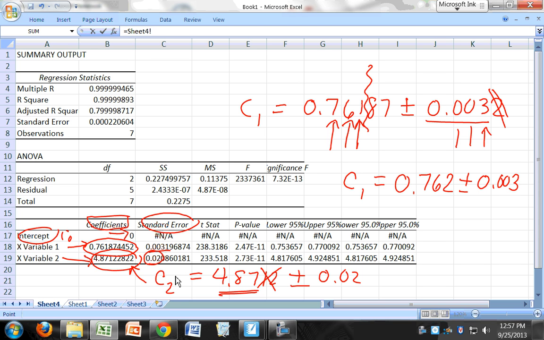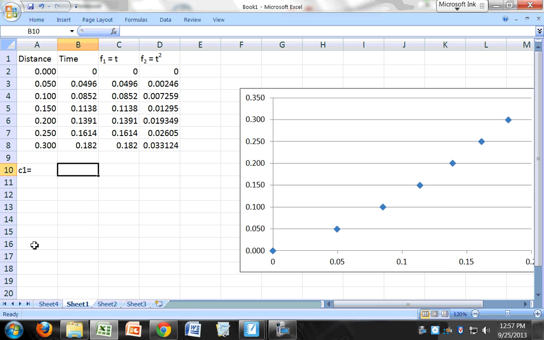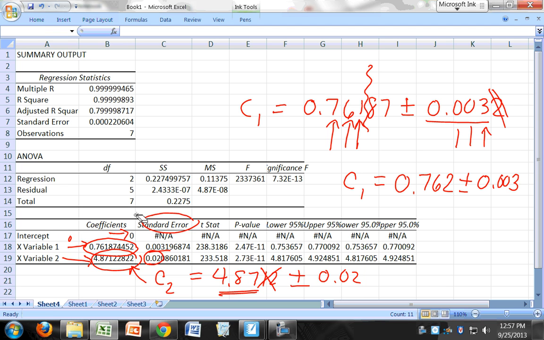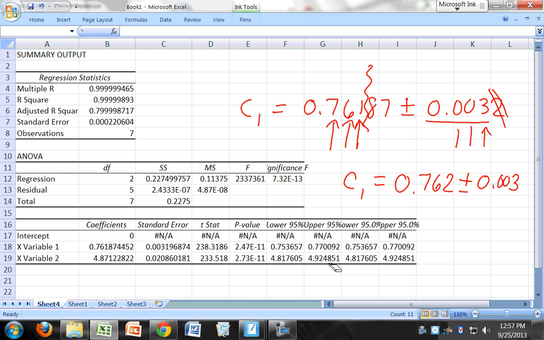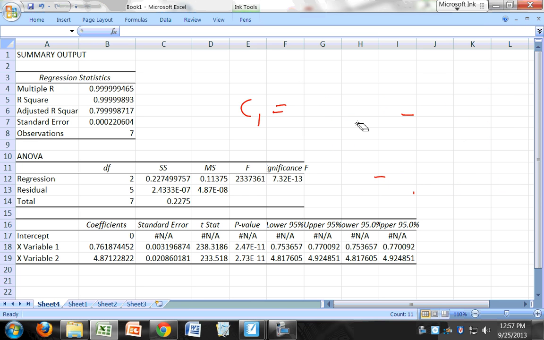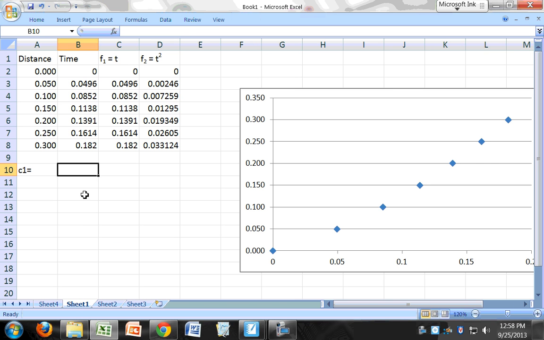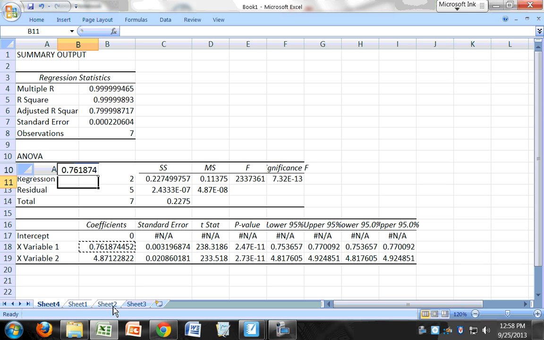I need to get rid of all of the things I've written here first. All right, so this is my C1 and my C2, right? So my C1 is equal to this number right here.